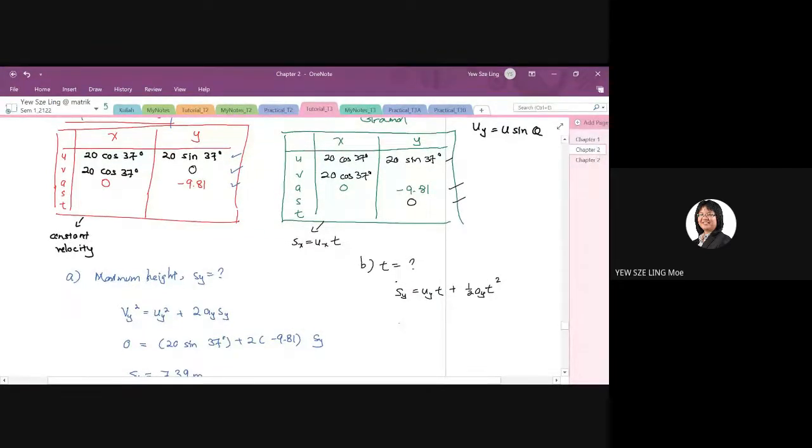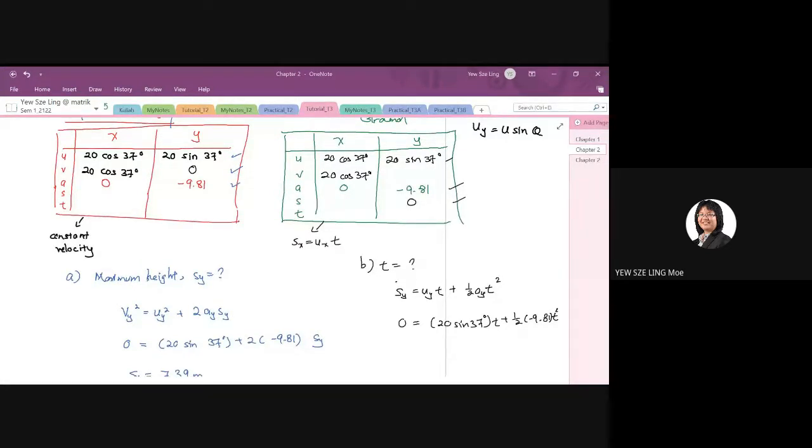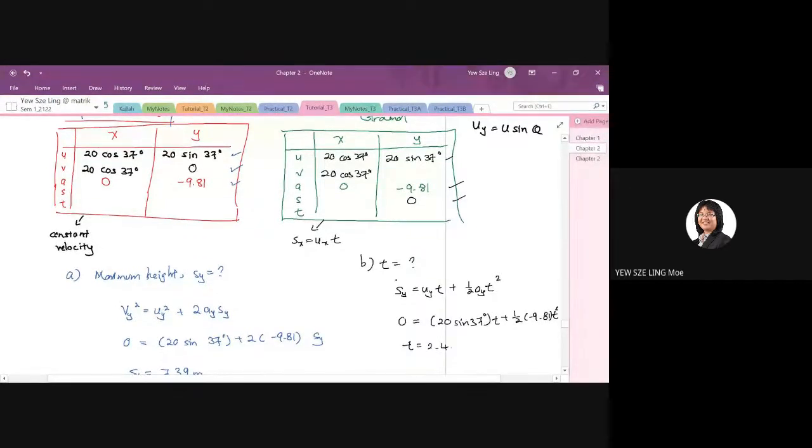So S is 0, equals 20 sin 37 degrees times T plus 1/2 times negative 9.81 times T squared. Rearranging the equation, you will get T equals 2.45 seconds. This is if you calculate it using the green color table.